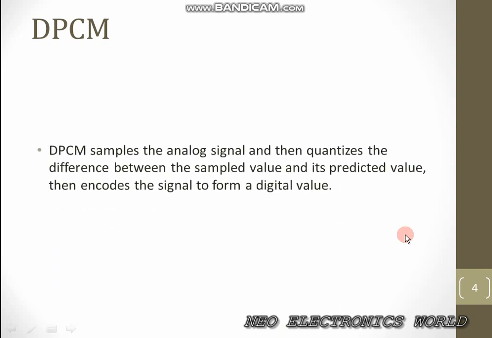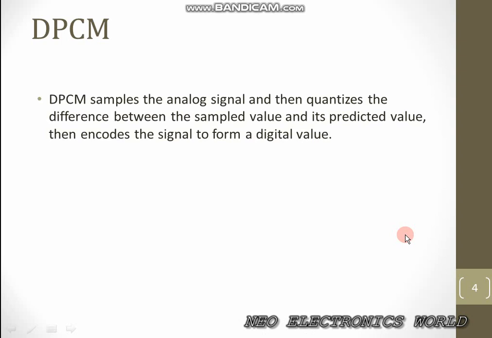Let's discuss what DPCM is in detail. DPCM samples the analog signal and then quantizes the difference between the sampled value and its predicted value, then encodes the signal to form a digital value. At first, it will sample the signal as in PCM, then it quantizes. What will be quantized? The difference between the sampled value and the predicted value is quantized. In PCM, we were just quantizing the value that is sampled.